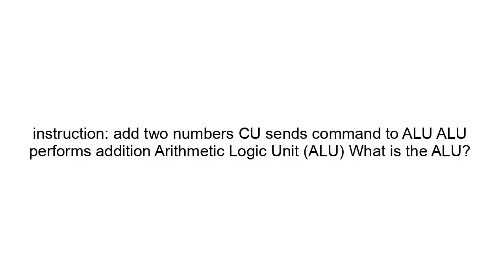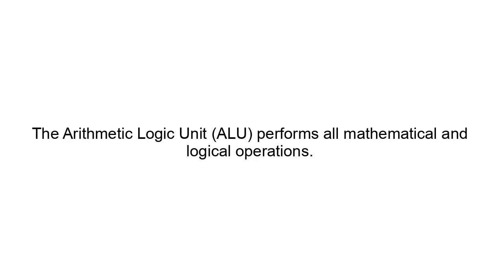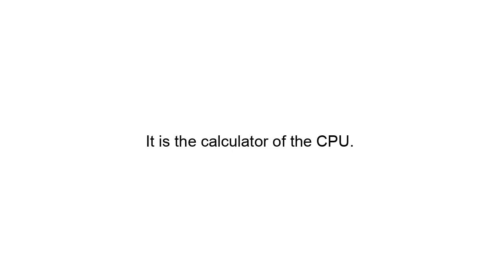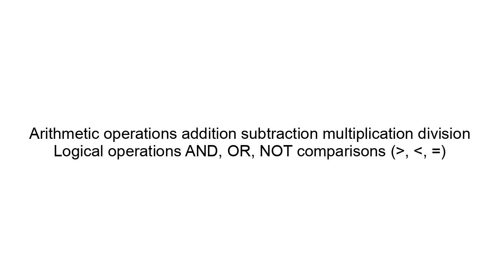Arithmetic logic unit, ALU. What is the ALU? The arithmetic logic unit, ALU, performs all mathematical and logical operations. It is the calculator of the CPU. Functions of ALU. The ALU handles arithmetic operations: addition, subtraction, multiplication, division; logical operations: AND, OR, NOT; and comparisons, such as x equals y.